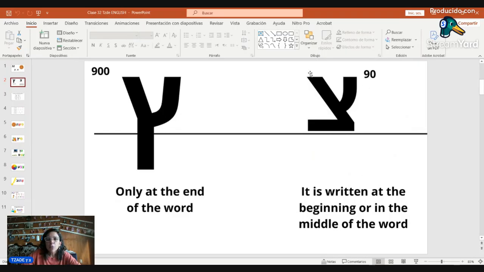So this, to your right, is the way we write letter Tzade at the beginning or in the middle of the word. And this is the final Tzade, and we only write it this way at the end of the word.